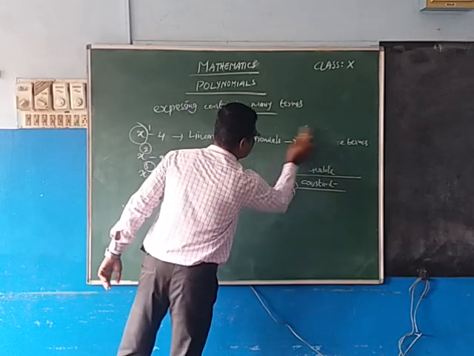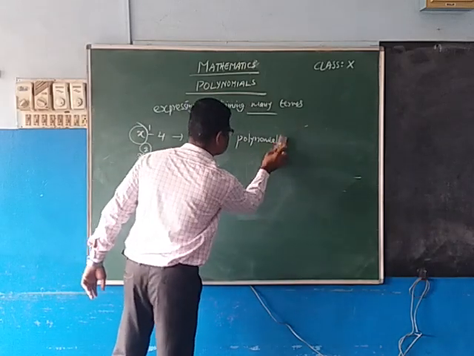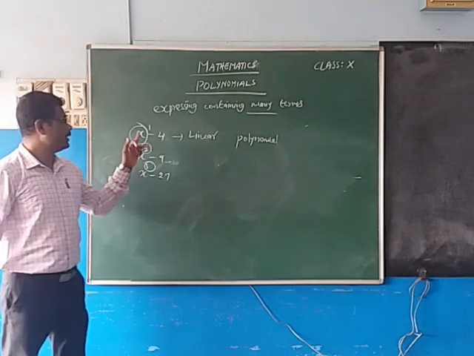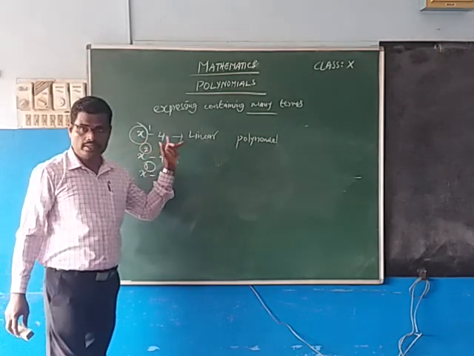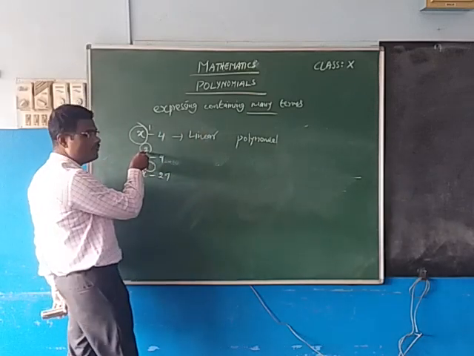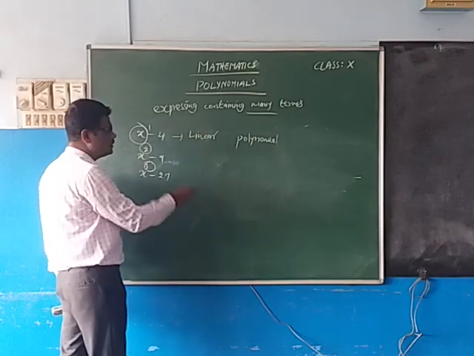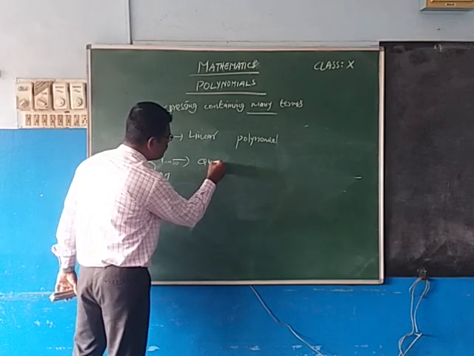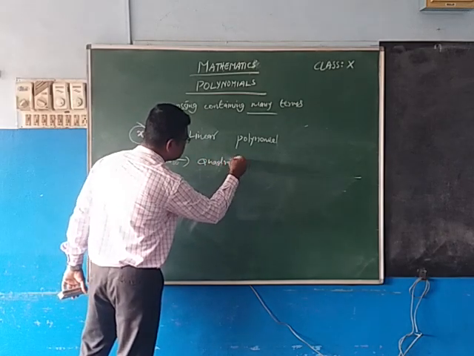An expression containing a variable of degree 1 is called a linear polynomial. An expression containing a variable of degree 2 is called a quadratic polynomial.